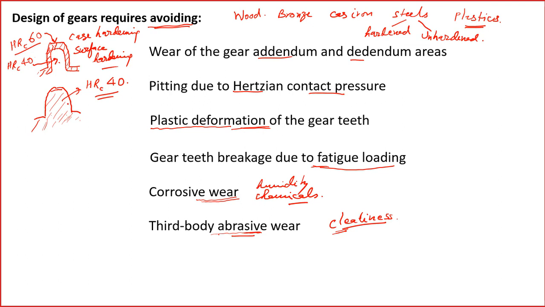Another reason is that if the whole material is very hard, then it also turns brittle, and because of the high hardness the whole material will be brittle, and it will lead to faster fatigue failure. In fact, case hardening will be better, because you have very high hardness on the surface, so it will protect against wear, but the core is very tough, and toughness is one important factor.